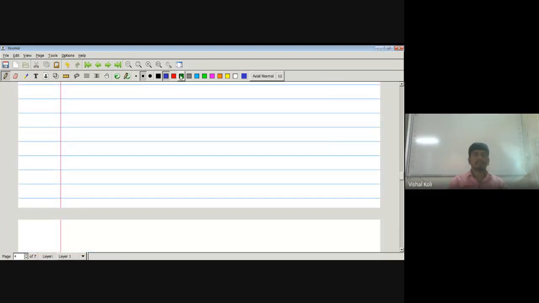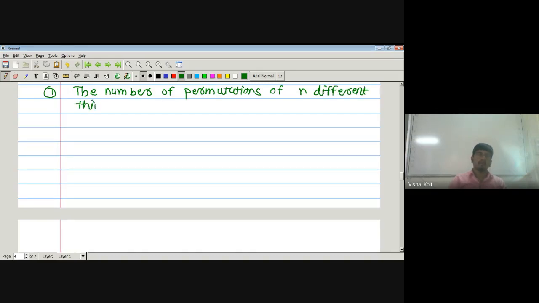Now the first one: the number of permutations of n different things by taking all of them at a time.